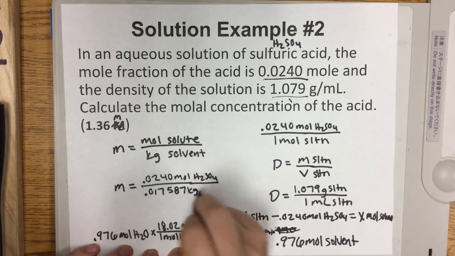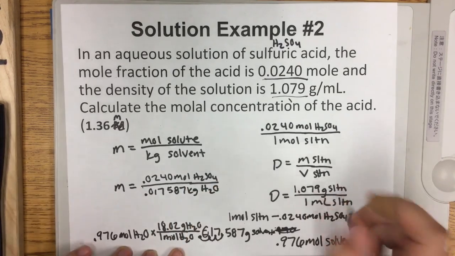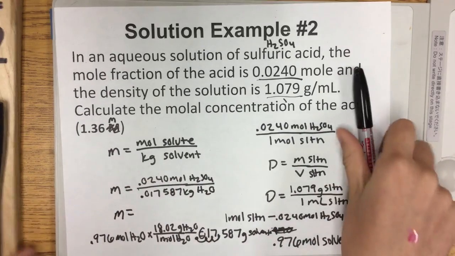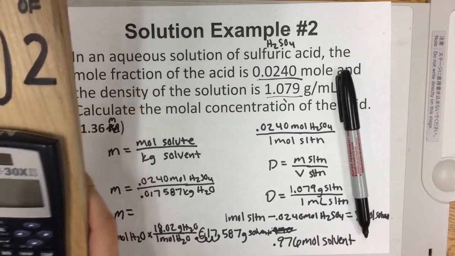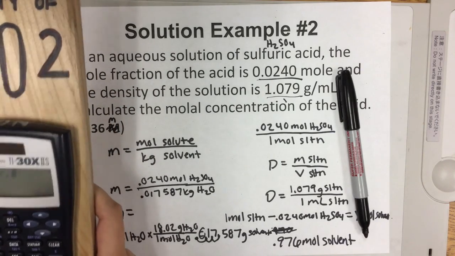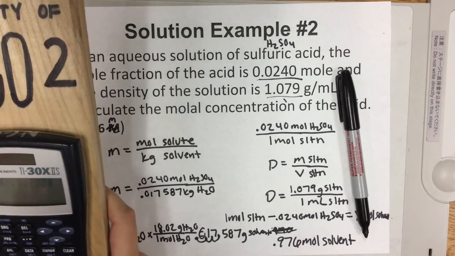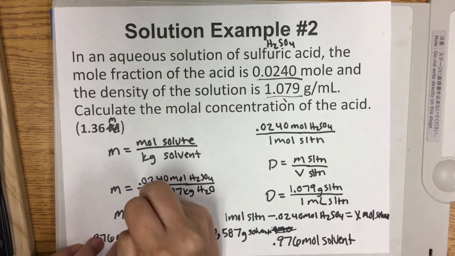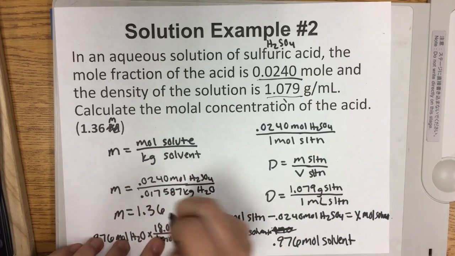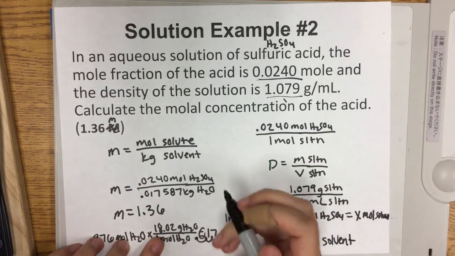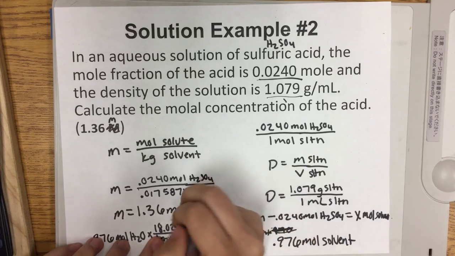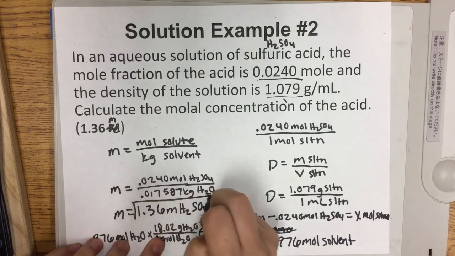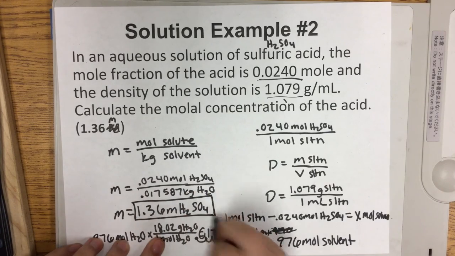So now if we just divide this out, 0.0240 divided by 0.017587, we will get 1.36, and there's 3 sig figs, so we stop there, molality of H2SO4. And that is our final answer.